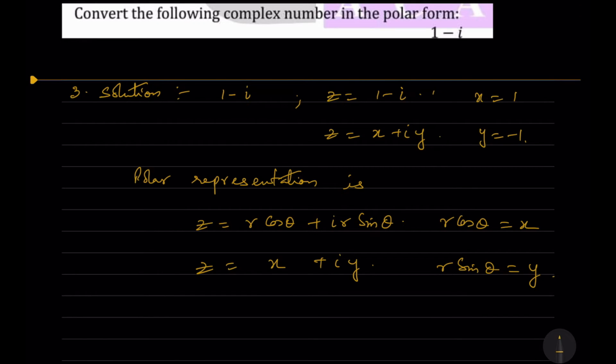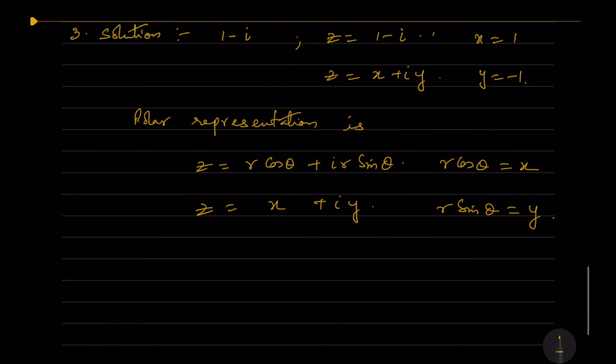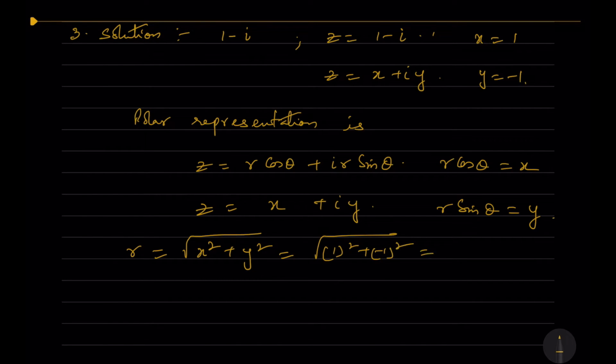Before that, we'll find what r is, which is equal to root of x square plus y square, which is equal to under root of 1 square plus minus 1 whole square, which is equal to root of 2. So r is equal to root 2.